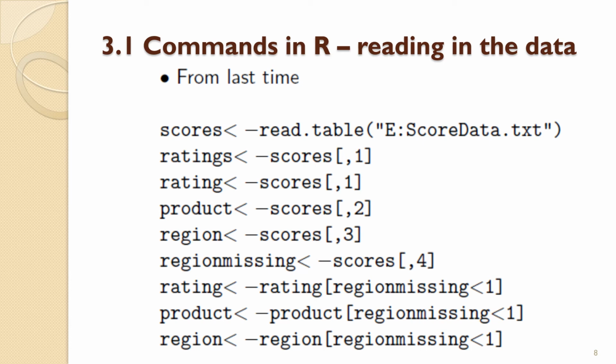The easiest way to subset this data is to restrict the rating variable to those values where the region isn't missing, subsetting it with region missing less than 1. We've done exactly the same with the product and the region variables, so we're restricted in both cases to cases where the region missing variable is less than 1. So in both cases now we've got product and region data with the regional affiliation of the respondent given.